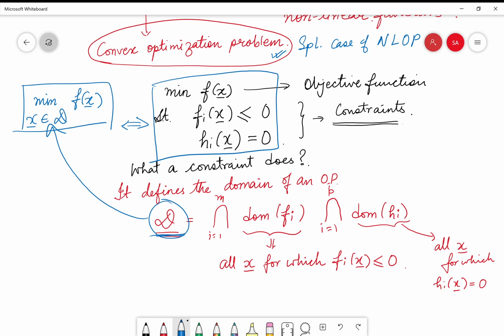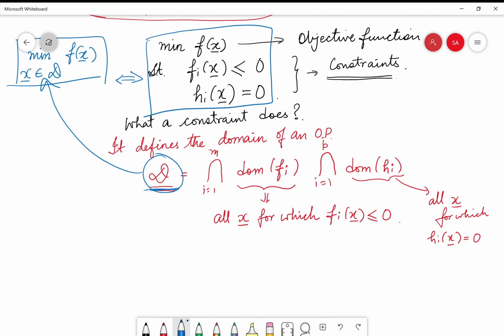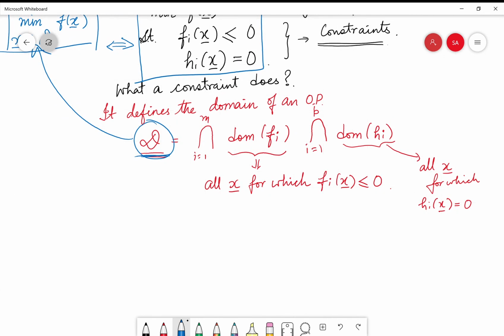Okay, so now a few terminologies that I'm going to introduce. The first terminology is: a point is feasible if it lies in the domain, if x belongs to D. What does it mean?